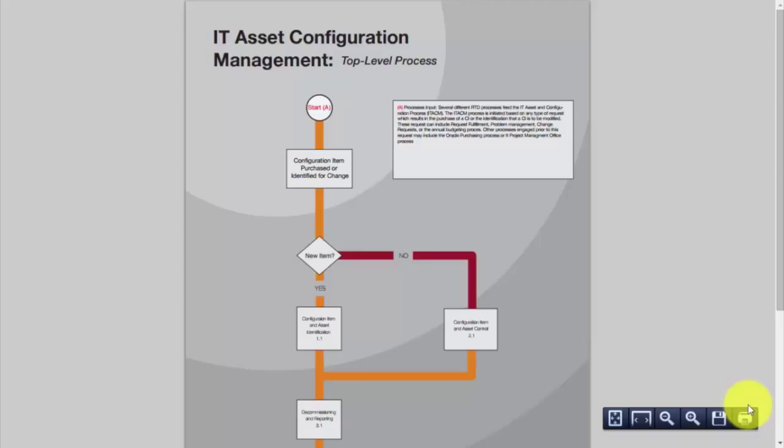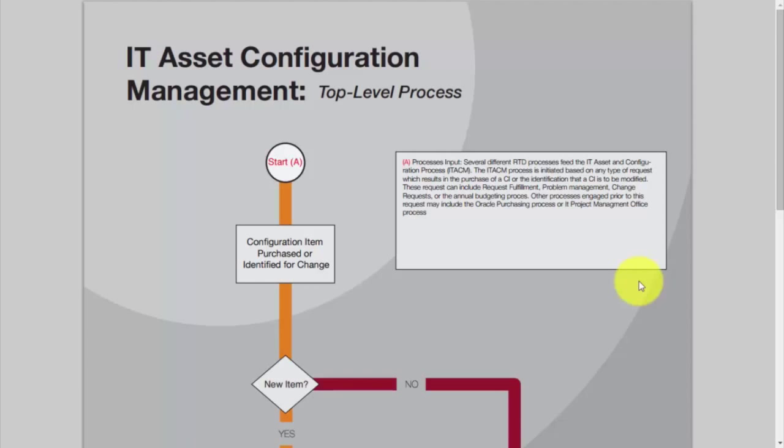In this diagram, we have the top-level process, or a high-level process flow of the individual processes that make up IT asset configuration management. As you can see, at the starting process, we have input, and that input is coming from several different RTD processes that will feed into IT asset configuration management.